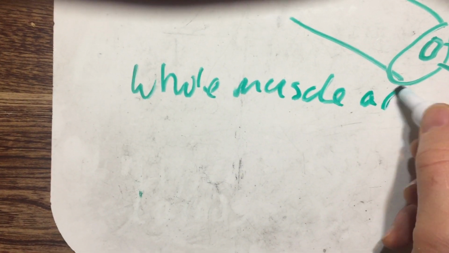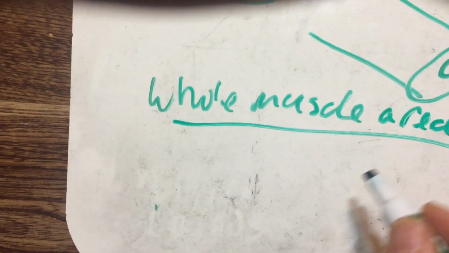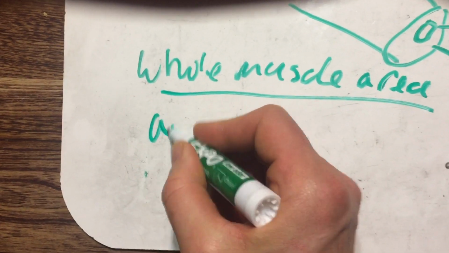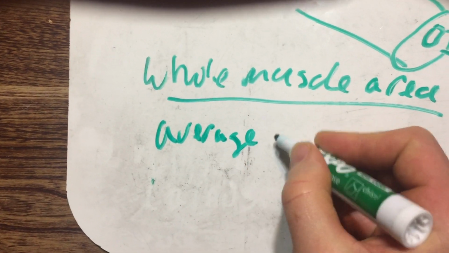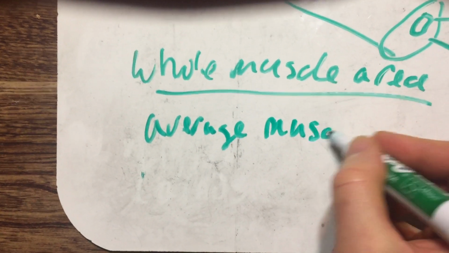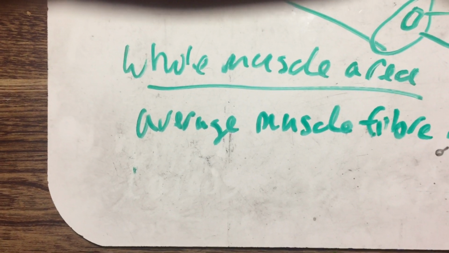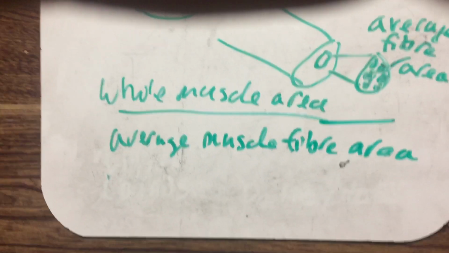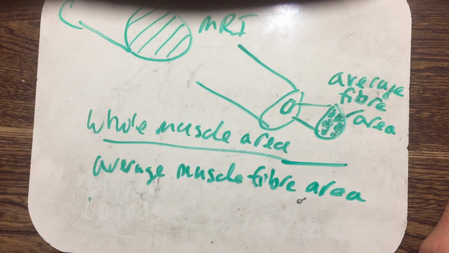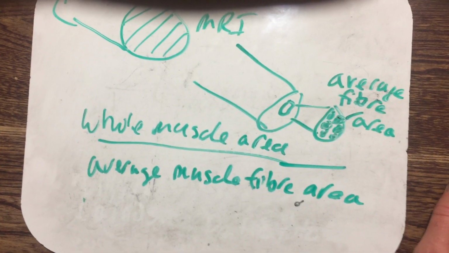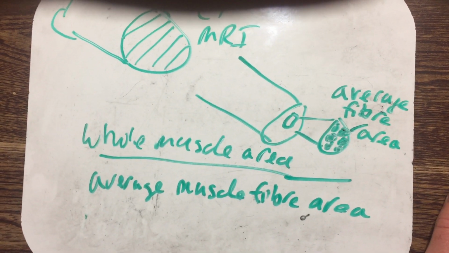This would be your cross-sectional area divided by your average muscle fiber area. That's from the biopsy. And this is how they've attempted to estimate muscle fiber number in live humans.